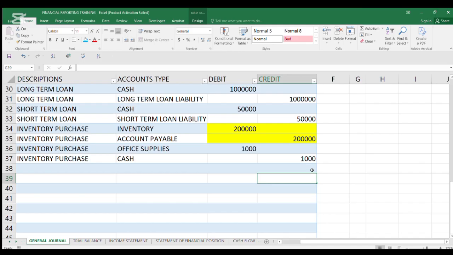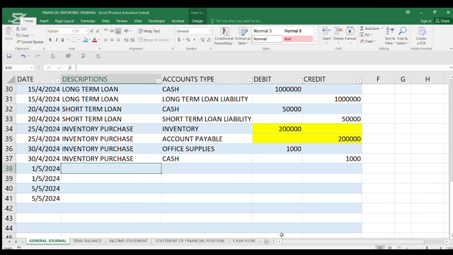Credit cash account with 1,000 US dollar. Now the next transaction is that he received an electricity bill for payment, which is 500 US dollars. So we come here and say, which is on the next date, electricity.